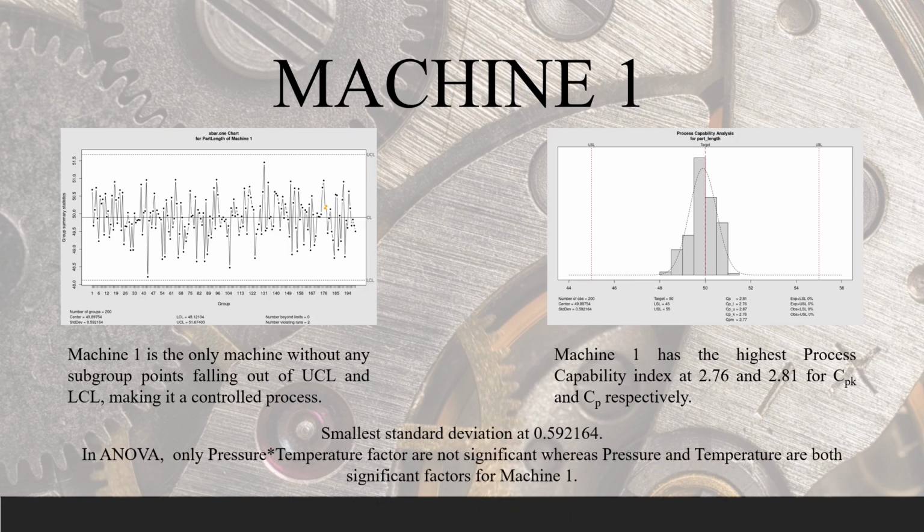Lastly, we can also see that machine 1 has the smallest standard deviation at only 0.592164. And for the analysis of variance, which is ANOVA, only the pressure times temperature factor is not significant, but pressure and temperature are both significant factors for machine 1.